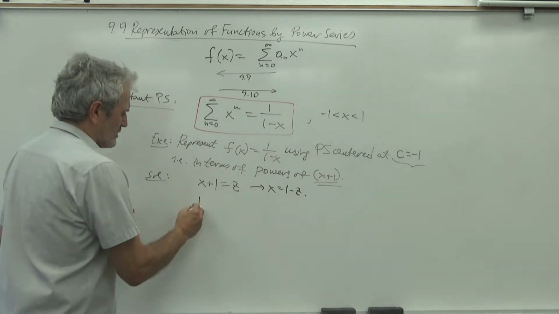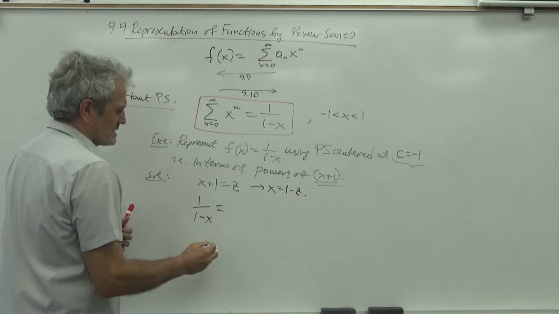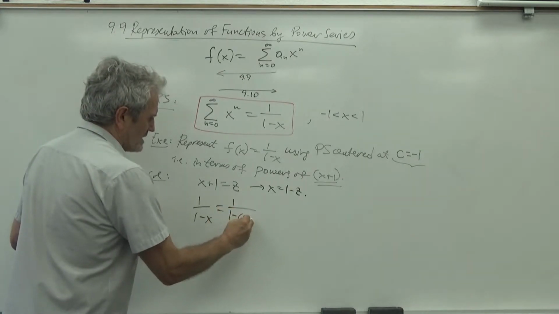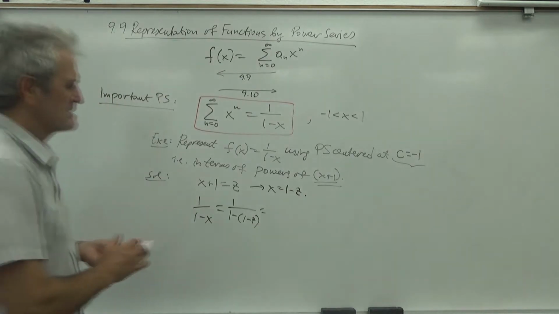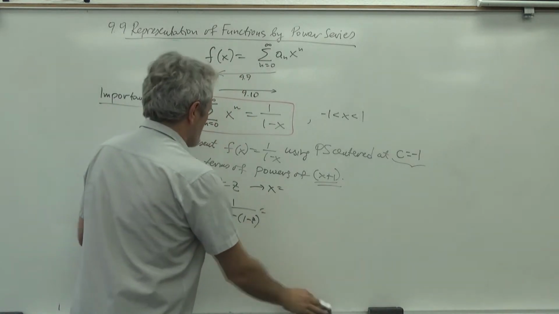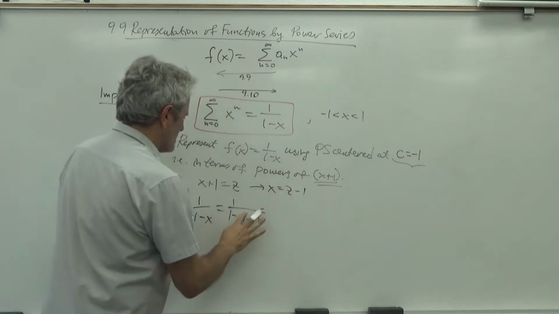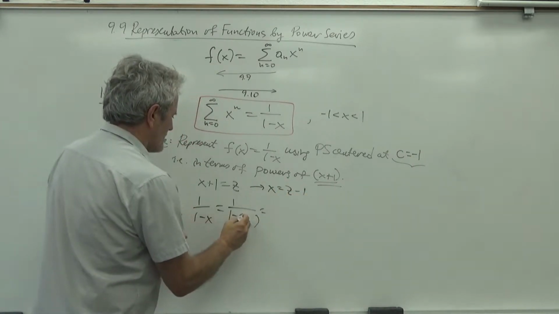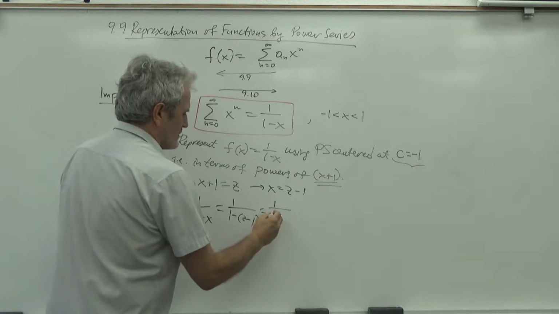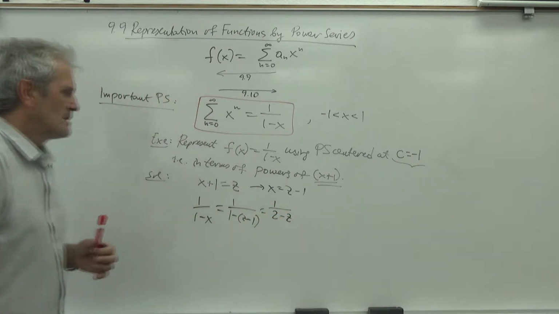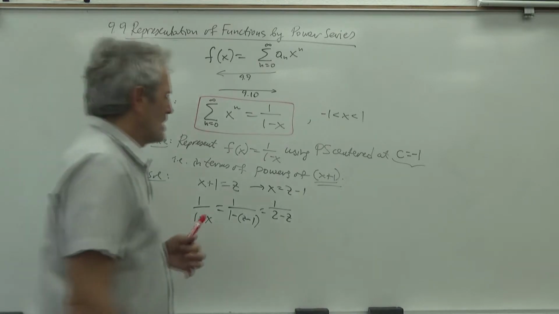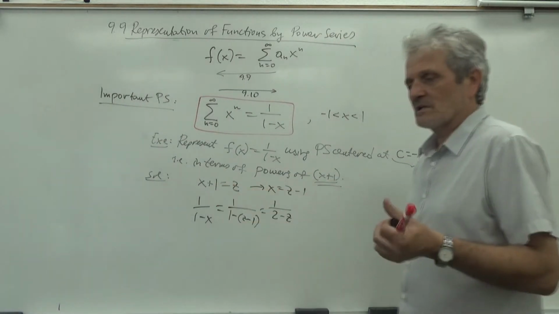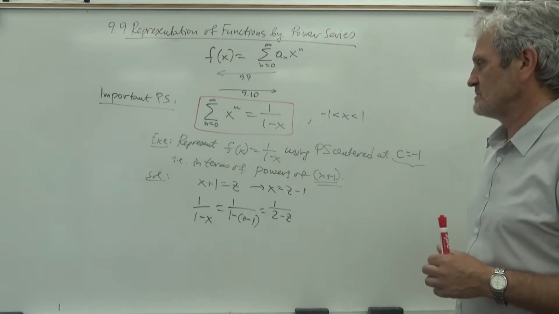So now we want 1 over 1 minus x, which is equal to 1 over 1 minus (z minus 1). So it is 1 over 2 minus z. It doesn't look much more complicated, but it's much better to do the representation in terms of z, and then when I'm done, I'll recall that z stands for x plus 1, and that's what we'll do.